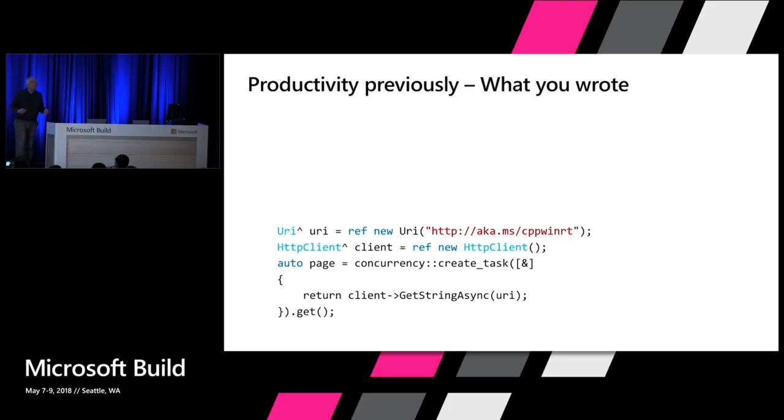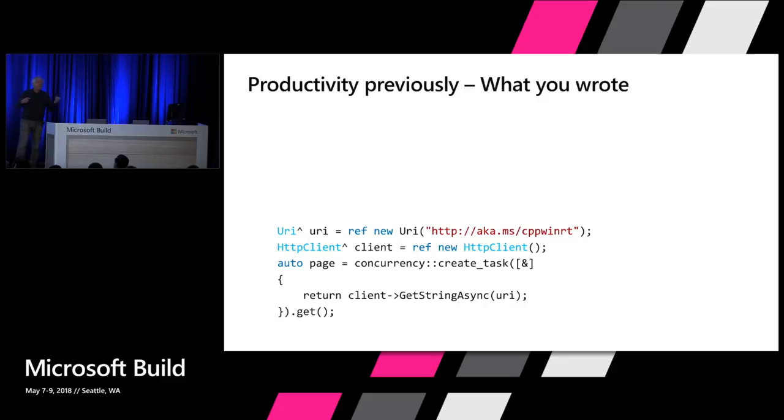so we created C++ CX. This was a number of years ago when the Windows Runtime itself was new, so we basically modeled very closely some concepts in the Windows Runtime. We have these hat pointers. These are reference-counted objects. So they're smart pointers, really, but they know how to add ref and release.